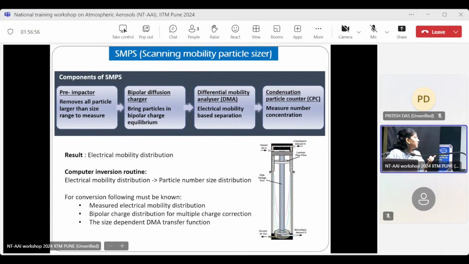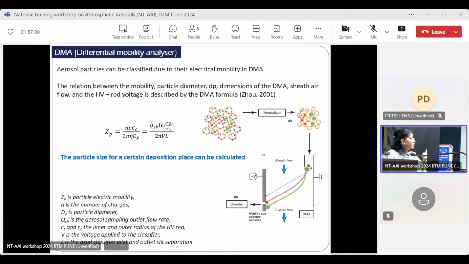And then you want your particles to segregate based on the electrical mobility. As we saw, electrical mobility depends on two things, the charge they carry and the size. You have fixed the charge because you have put the bipolar charger. So your charge is fixed.